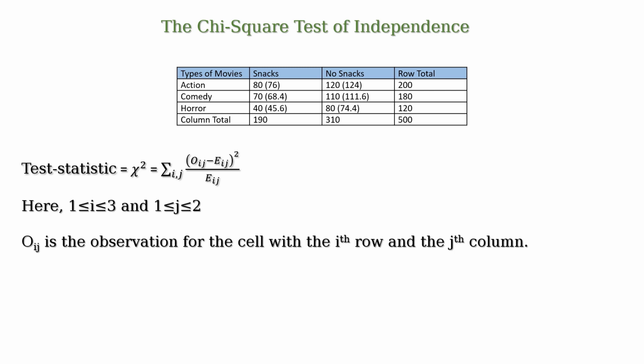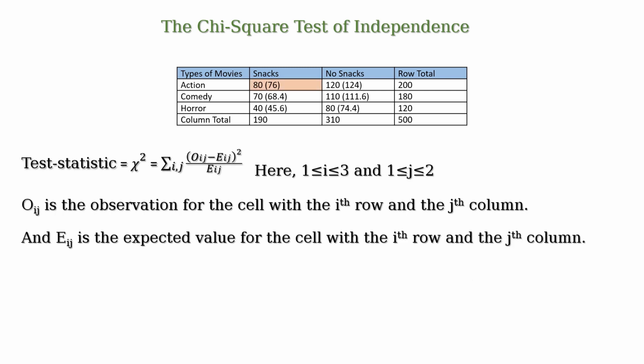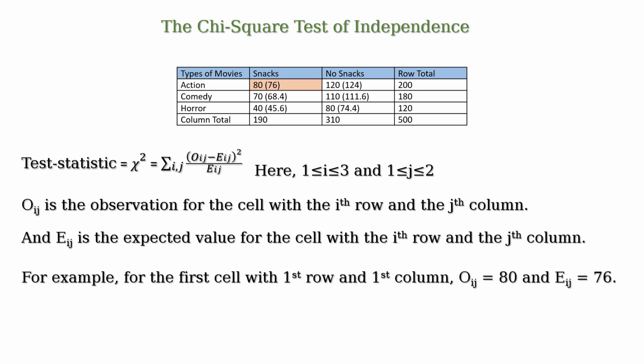Oij is the observation for the cell with ith row and jth column, and Eij is the expected value for the cell with ith row and jth column. For example, for the first cell with first row and first column, Oij is equal to 80 and Eij is equal to 76.